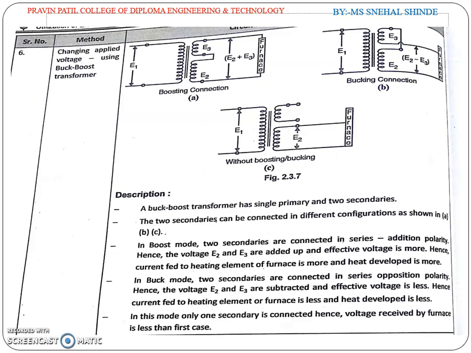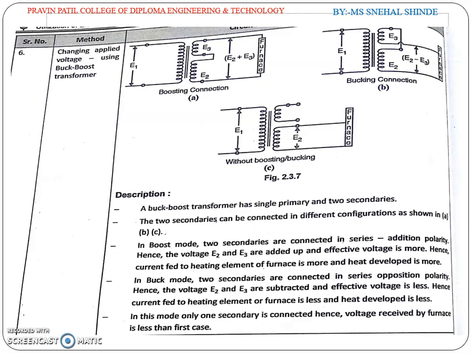In the next type, changing applied voltage using buck boost transformer. A buck boost transformer has single primary and two secondaries. The two secondaries can be connected in different configurations as shown in the figure A, B and C. In boost mode, two secondaries are connected in series addition polarity.